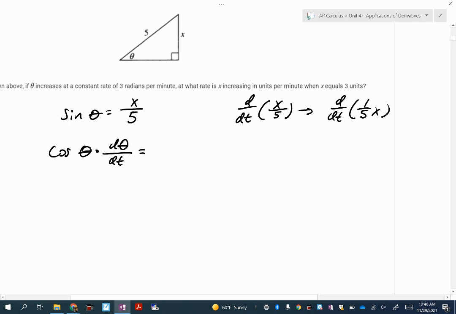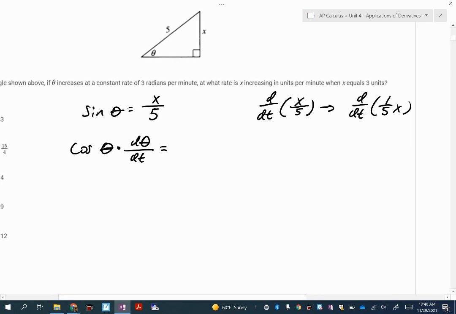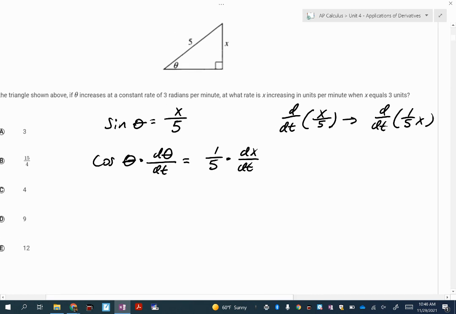All right, and if you differentiate 1/5 times x, that's just going to give you 1/5. So that's equal to 1/5, but don't forget we do something else there. We have dx over dt.